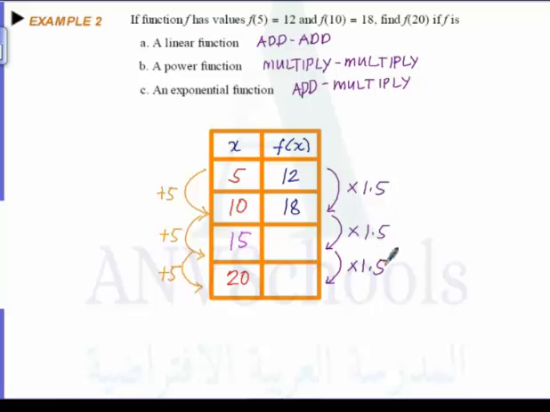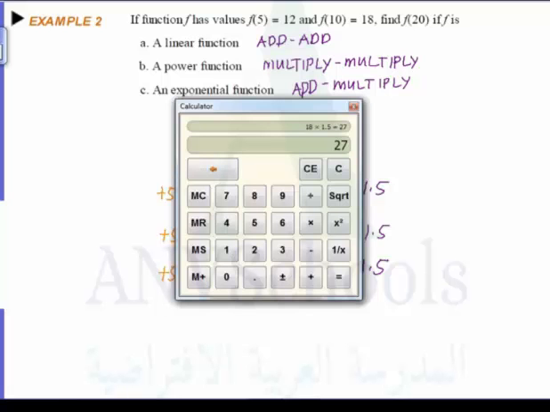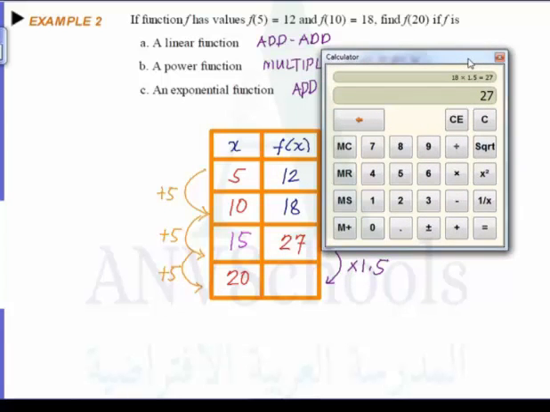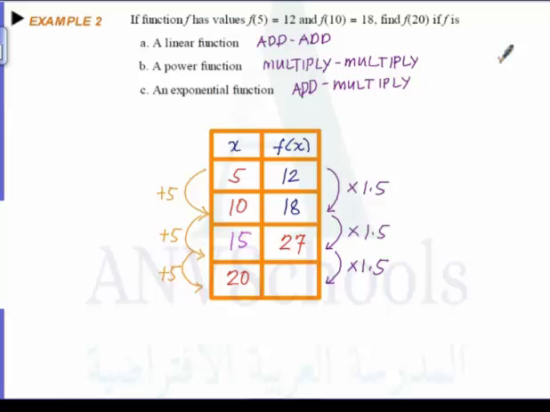So whatever is the value here should be multiplied by 1.5 to get the f of 20. Okay, so 18 times 1.5, we have seen it a while ago, and it's equal to 27. Now 27 times 1.5 gives us 40.5. So we now have 40.5.